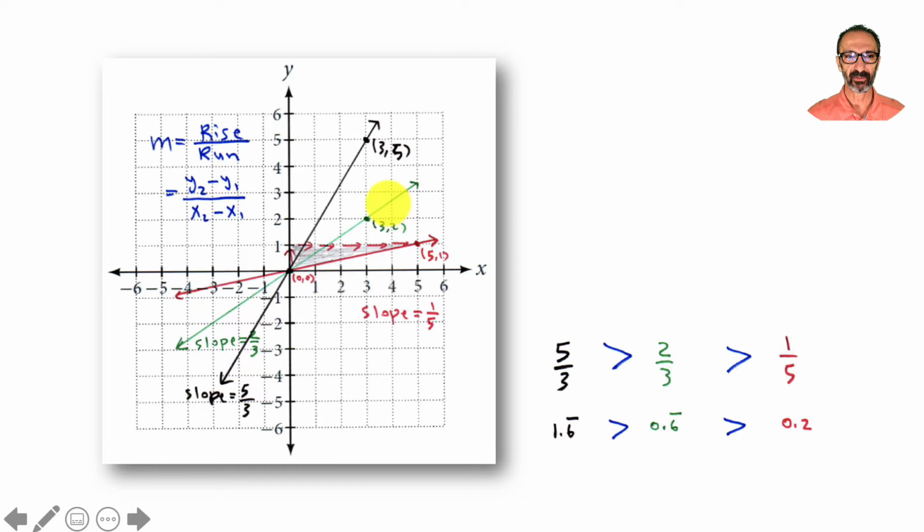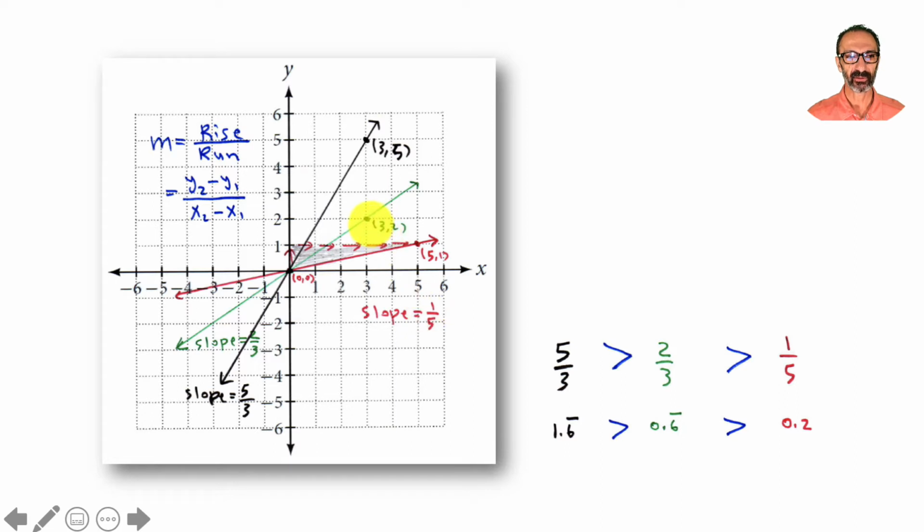So I have red, green, and black. We're going to apply rise over run, which is y2 minus y1 over x2 minus x1. Looking at the red one, I'm going up 1 over 5, so the slope is 1 over 5.